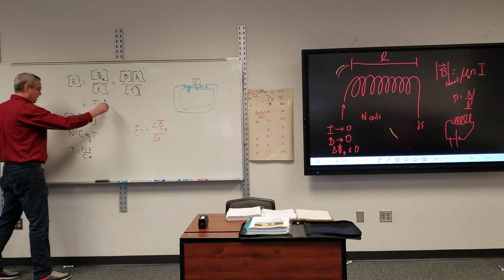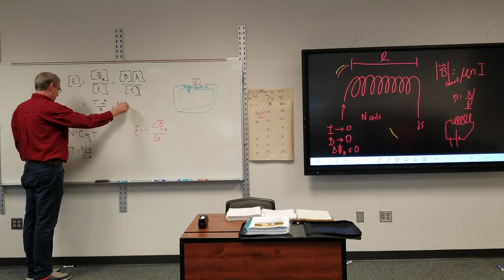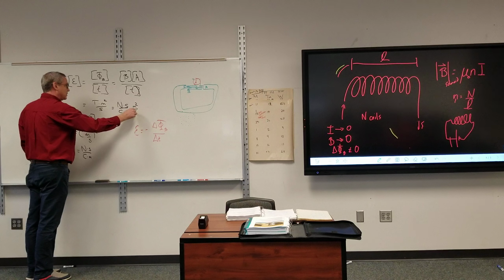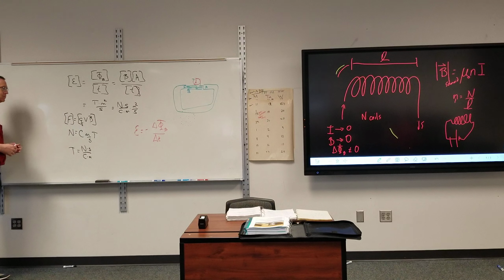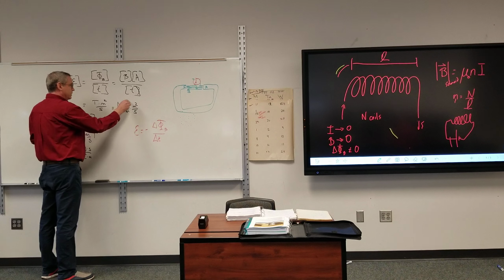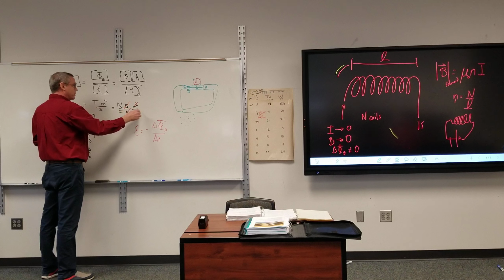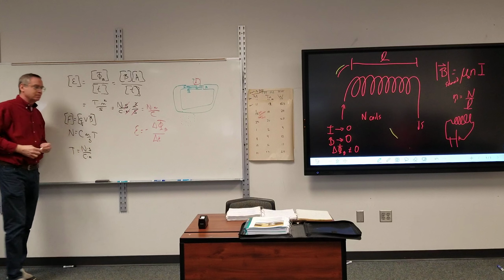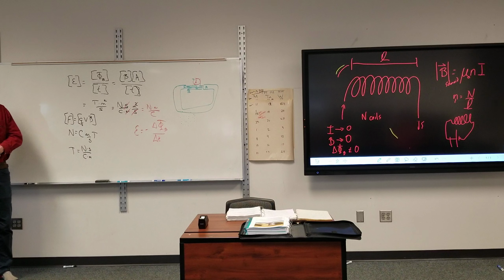So if we plug that in here, this becomes a Newton second per Coulomb meter times meter squared per second. Seconds cancel out. One of those meters cancels out. I'm left with a Newton meter per Coulomb. What's a Newton meter?